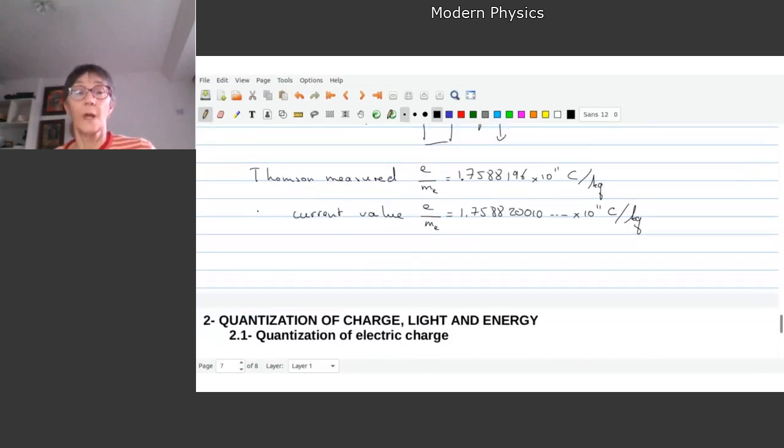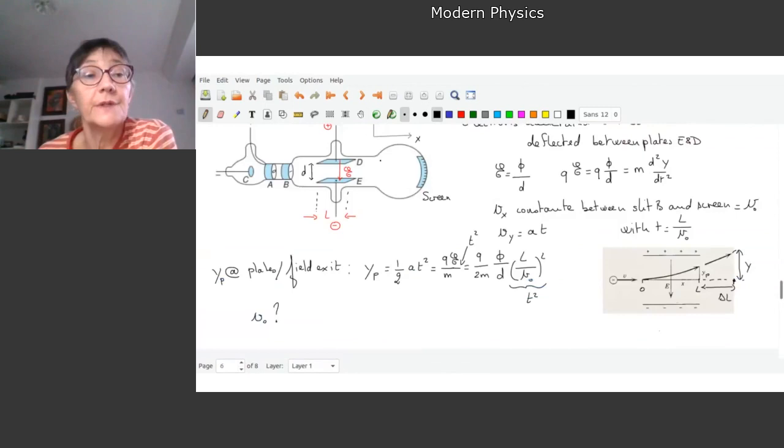But he couldn't. The other thing he noticed, because in this apparatus, actually he can deflect heavier things, heavier ions, for example, negative ions.